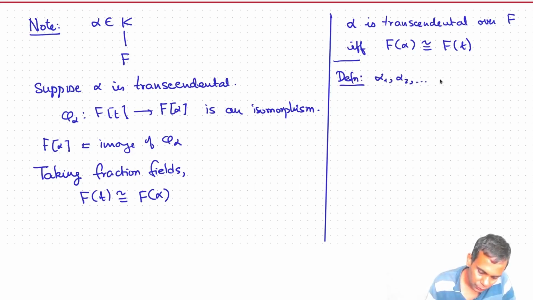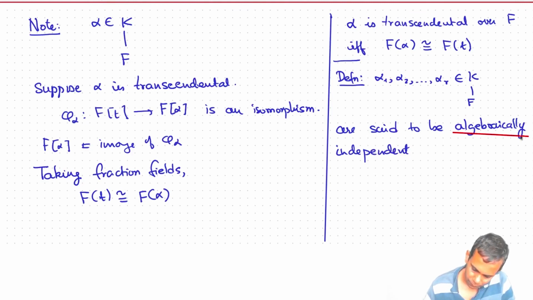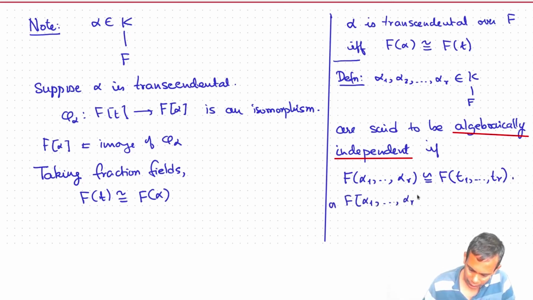Alpha 1, alpha 2, ..., alpha r in K over F are said to be algebraically independent if the smallest field containing alpha 1, ..., alpha r is isomorphic to the field of rational functions in r variables, which is equivalent to saying that the polynomials in alpha 1 up to alpha r are isomorphic to polynomials in t1 to tr.